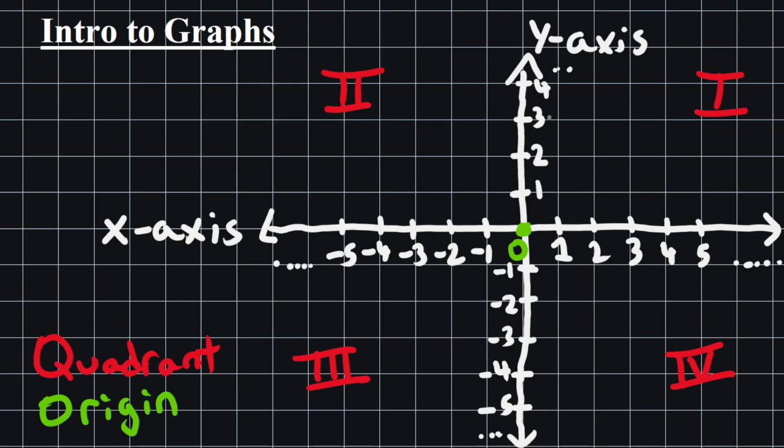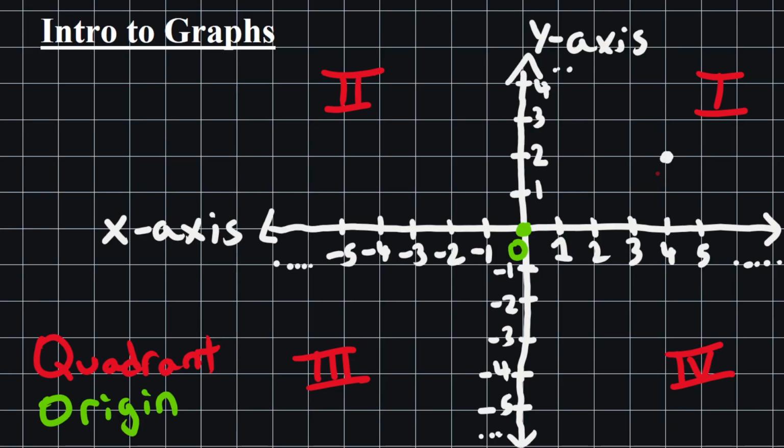Okay, so we filled out our graph and labeled everything. Now let's go ahead and plot some points on this graph. Let's say we have a point right here. If you follow the x-axis, it's 1, 2, 3, 4, and then it lies on 2 on the y-axis.